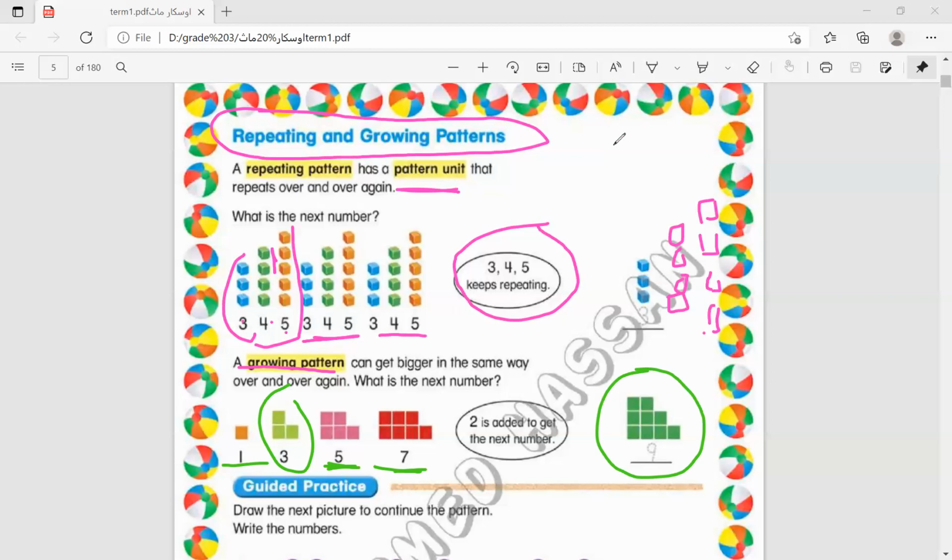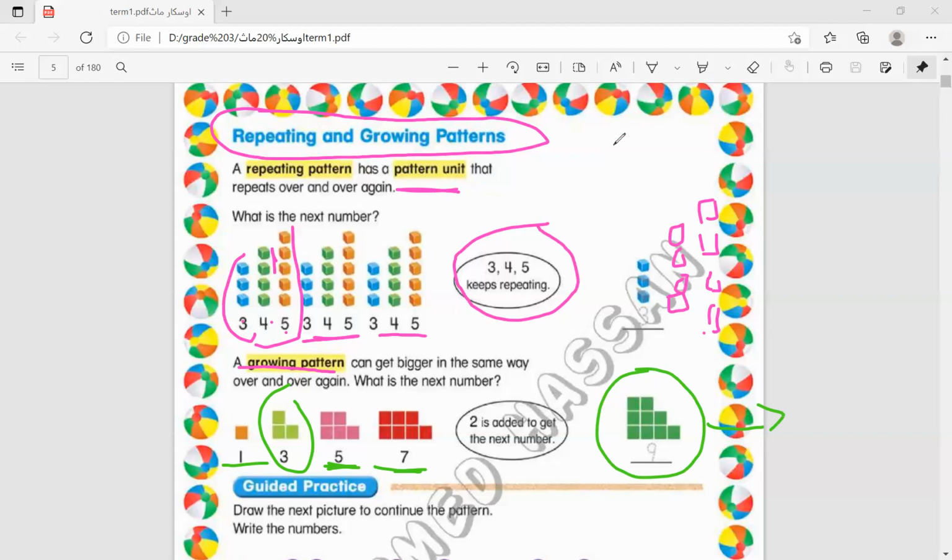What if we want to write the next one? ايه اللي هيحصل لو احنا عايزين نعمل اللي بعد؟ تمام؟ Sure, we will add 2 to 9, it will be 11 squares.